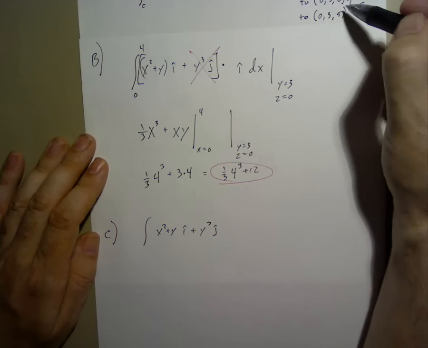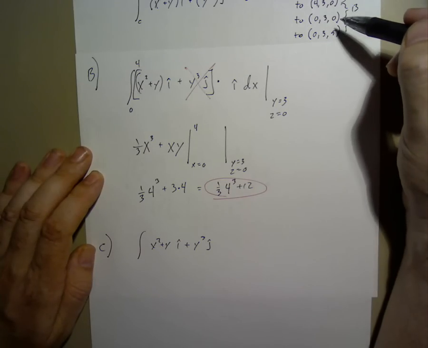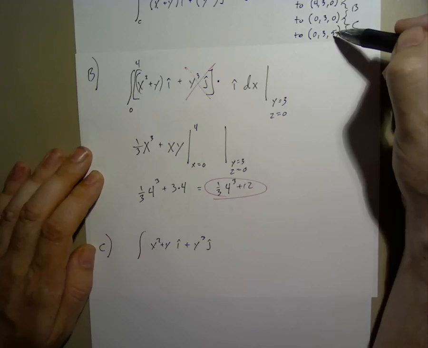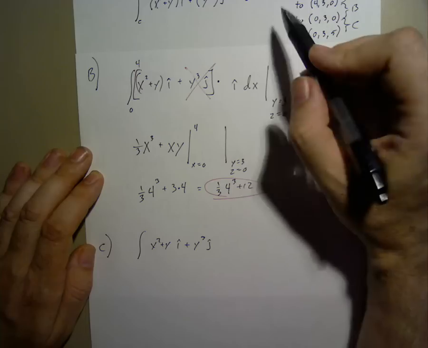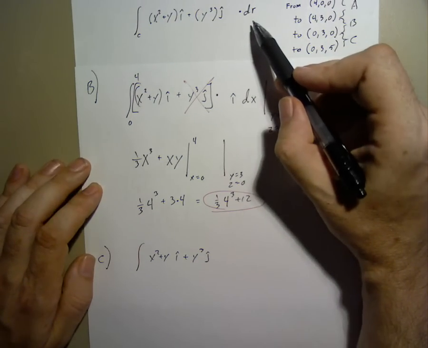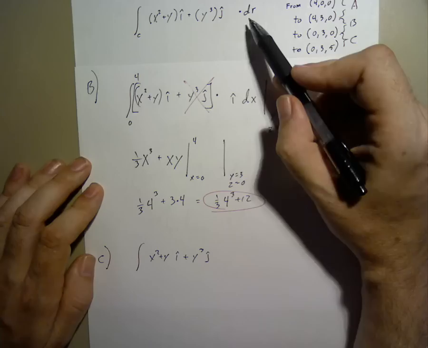In this case, we are integrating from 0 to 5 along the z-axis, meaning the vector differential will be z hat dz.